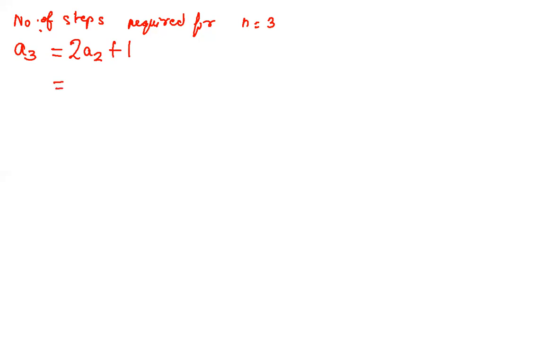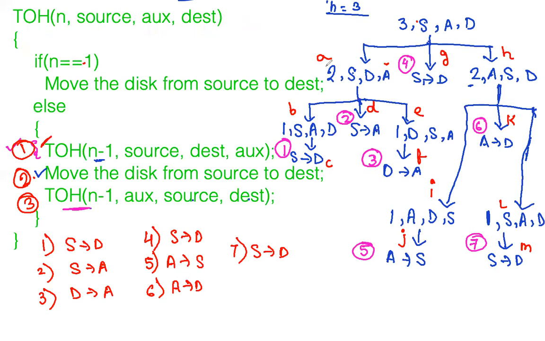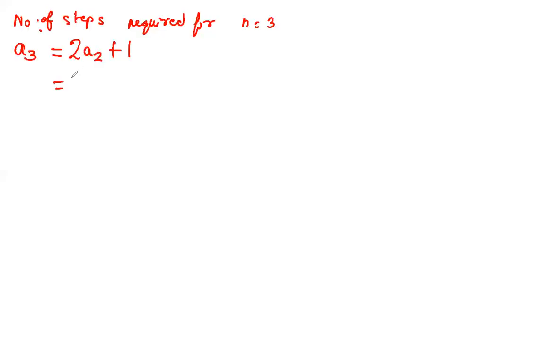Again, if we look at this problem, one problem of size 2 involves two subproblems of size 1 and a constant time. So we can further write it like this. A2 is two problems of size 1 plus 1 for the constant.